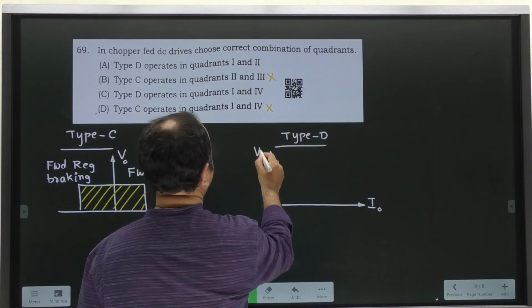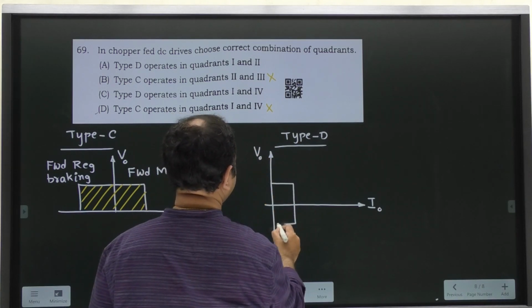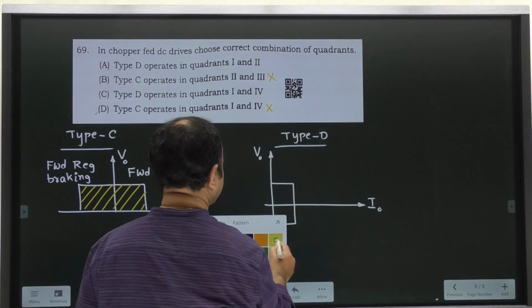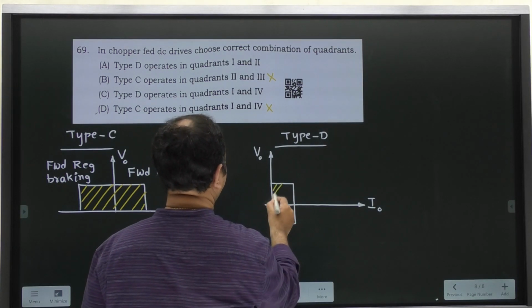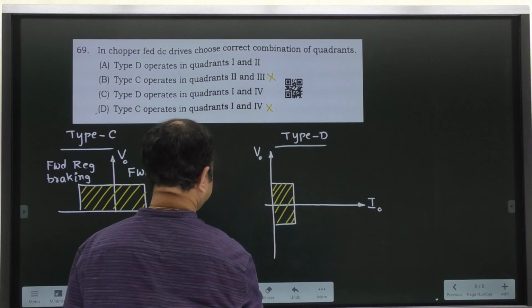In this case also V0 on y-axis, I0 on x-axis, and of course not required for the question, but what are these quadrants of operations?